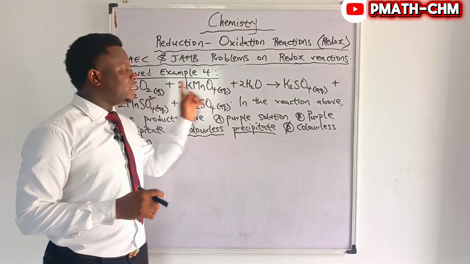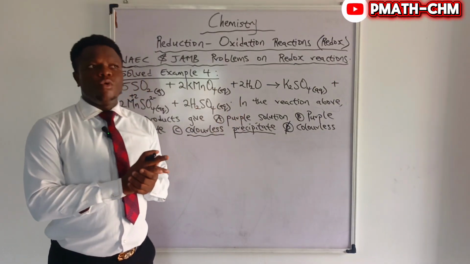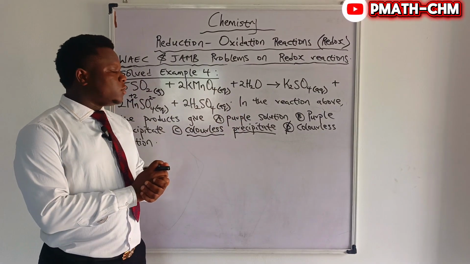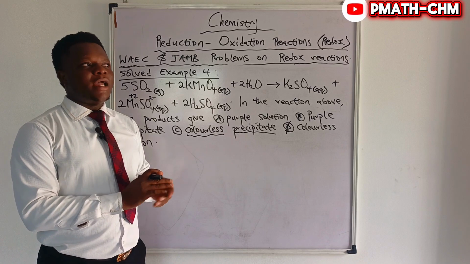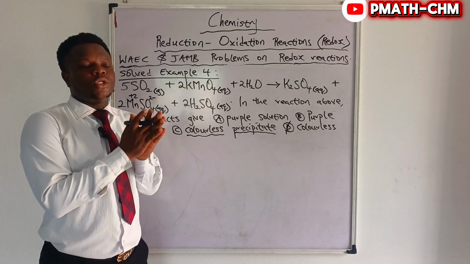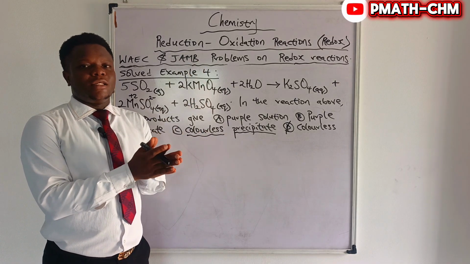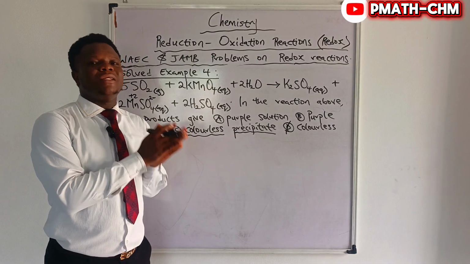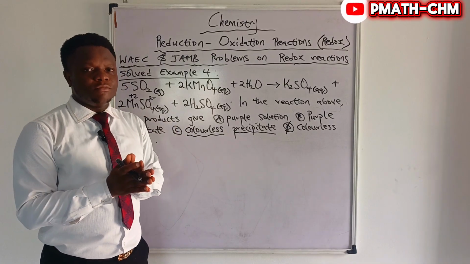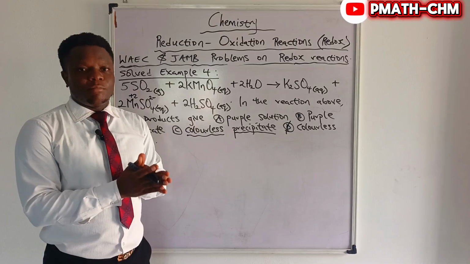Reducing agent in a particular reaction, which we've also done. Also, you would be asked to identify from a list of options which of those options is a redox reaction or which of them is not a redox reaction. So that we did in the previous example.